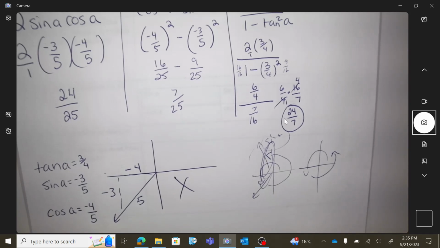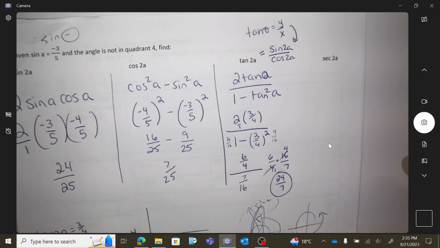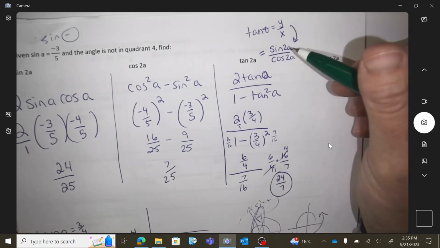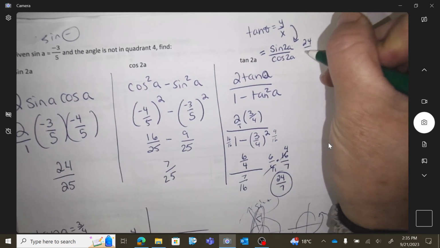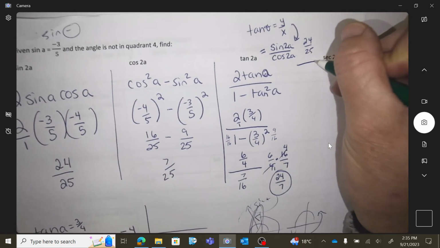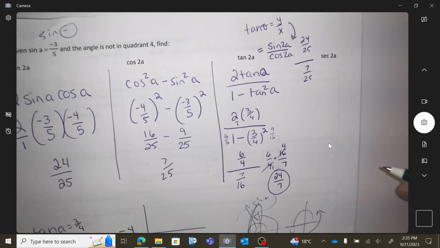Now I definitely know I'm in quadrant 1, right? Because they're all coming out positive. So if you doubled that angle, you would land in quadrant 1. So if I had tried this other method, sine 2a, which was 24/25, divided by cos 2a, which over here was 7/25, what happens once I flip multiply?